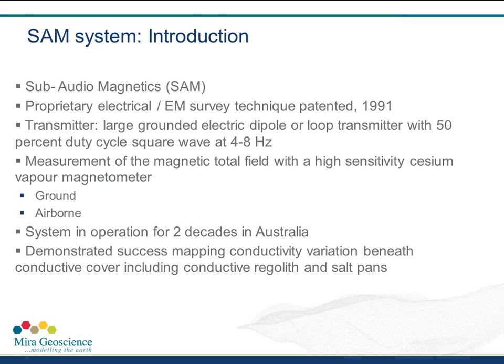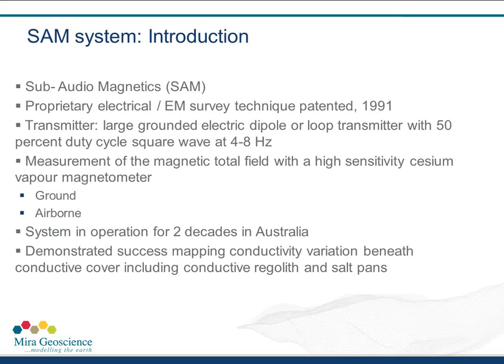The transmitter is an active system, a large grounded dipole, similar to what you do with a gradient survey or a dipole survey. Or you can use an inductive loop transmitter. The waveform is a 50% duty cycle, and the base frequency is anywhere between 4 and 8 hertz.